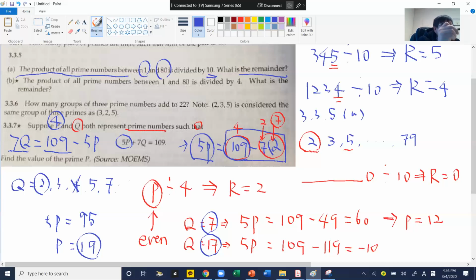Sorry about that. Yeah, same thing. So to get the p value, this 109 has remainder 4 when you divide by 7, right?